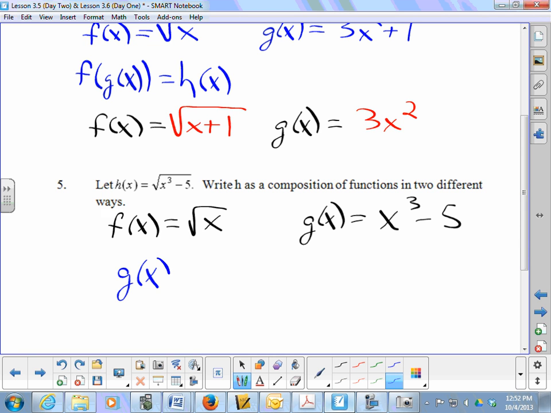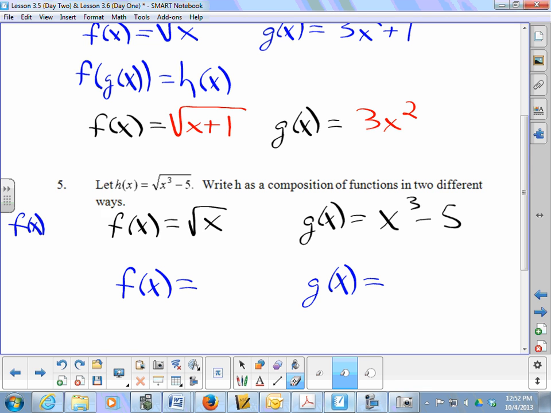Why are we doing a hard way if there's just the... Because it says to do it two ways. No, that's one way. That's one for f of x, one for g of x. I'm trying to find this.